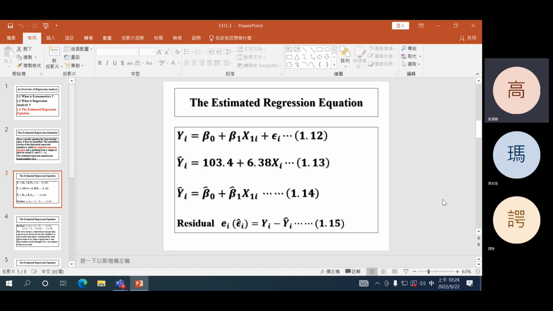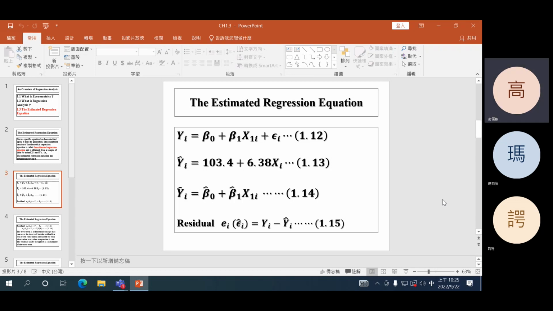Okay, this is the actual y2. But if you plug this number x2 in the equation, actually y is here. So y2 hat is here, right? Okay, and using y2 minus y2 hat, what's the difference? The sign is negative.